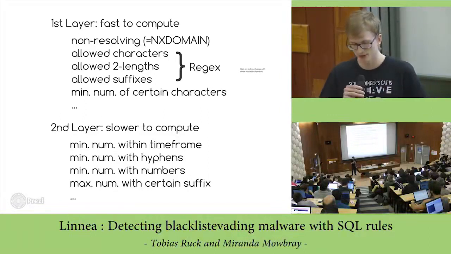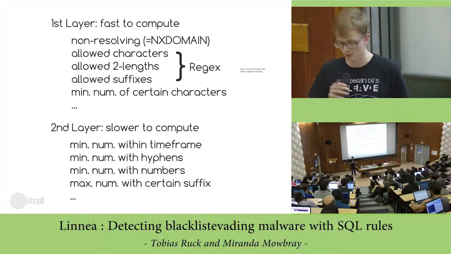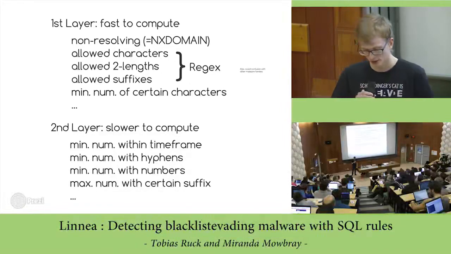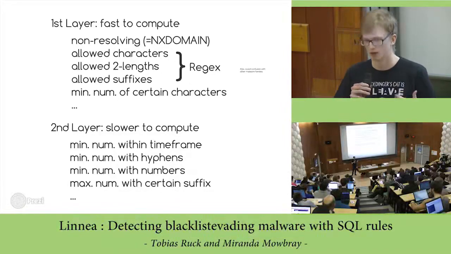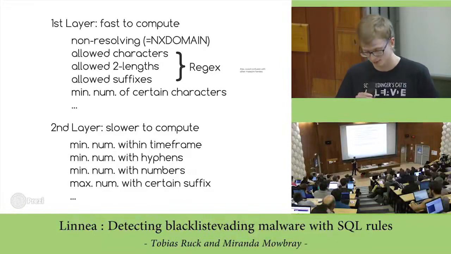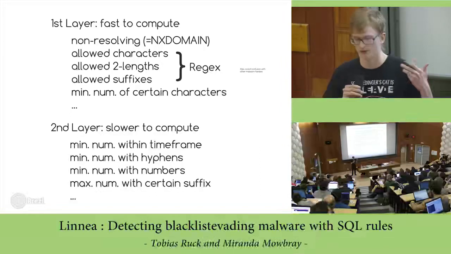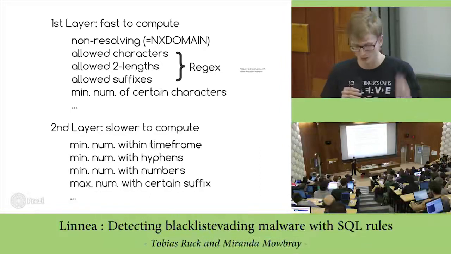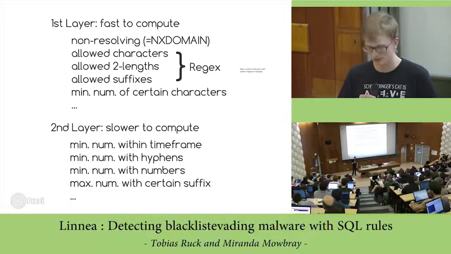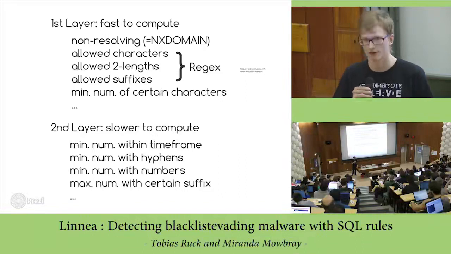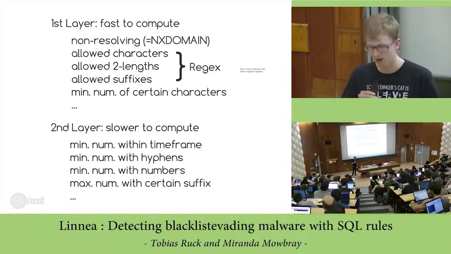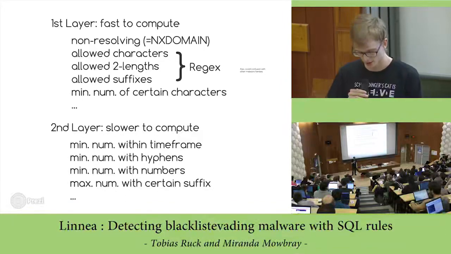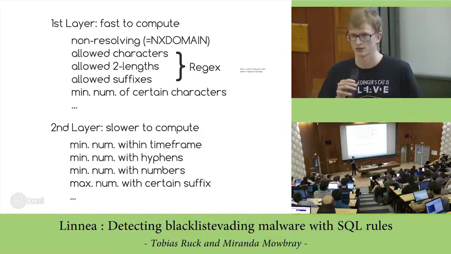So in the first layer, we first check if the domain is non-resolving. Next, if we analyze the domains that are in our set, then we check for the allowed character set that are queried, for the allowed lengths, the number of characters before the suffix, and for the different allowed suffixes. And we combine all of these into a regular expression.